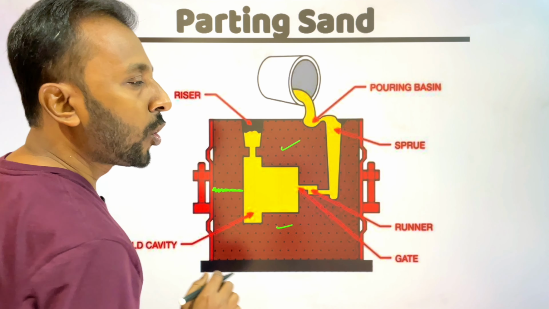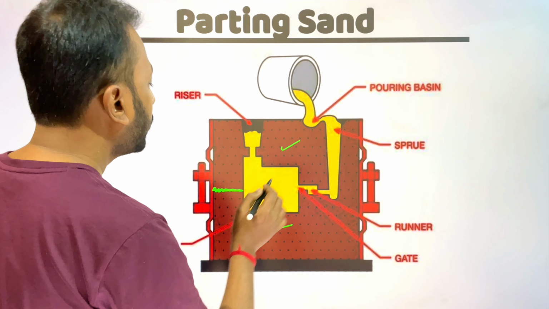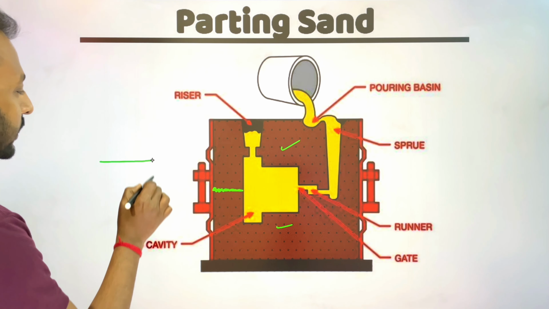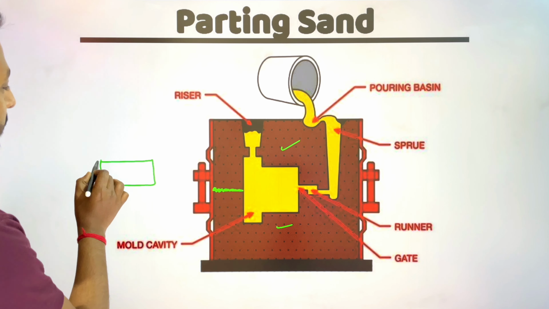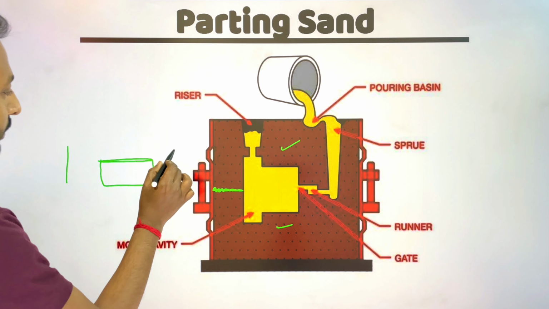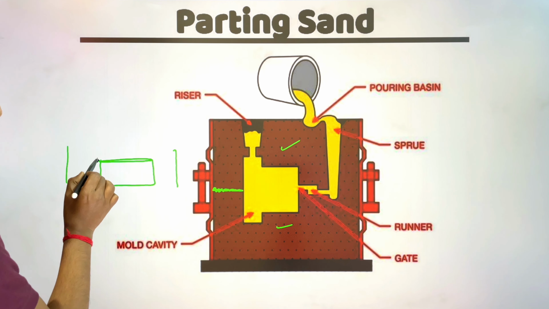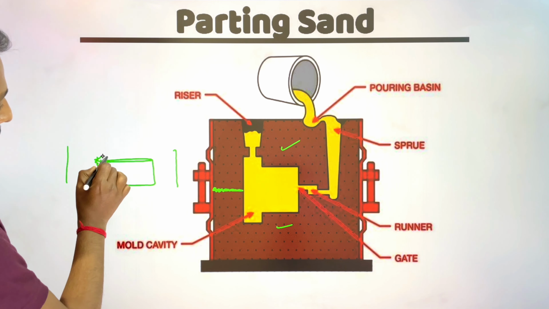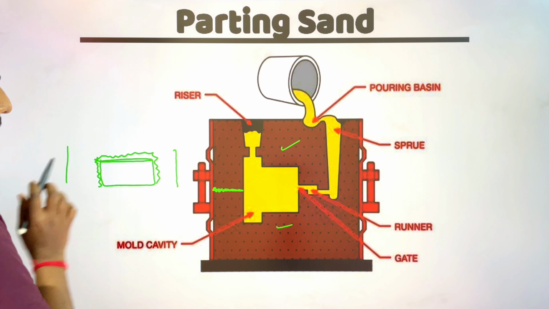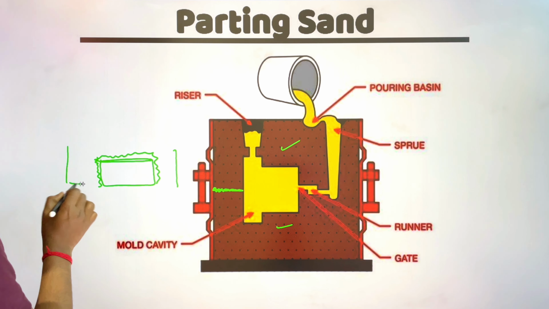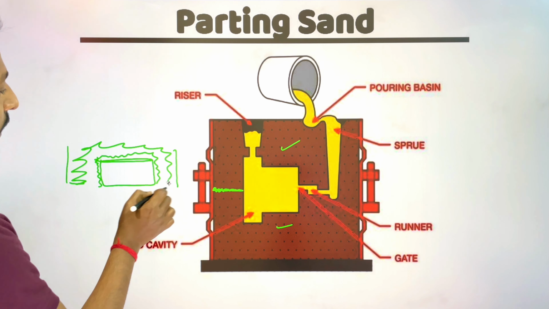The parting sand is also used when we are putting the pattern. This is the pattern and this is the molding box. So parting sand is also used on the surface of the pattern. After using the parting sand, the rest is filled with the molding sand.